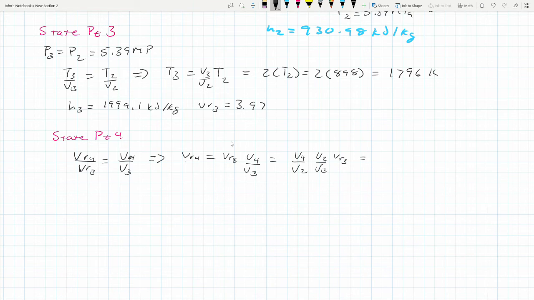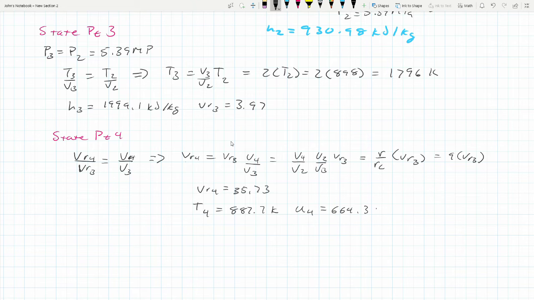This becomes R over RC times VR3, which becomes 9 times VR3. Therefore, VR4 is equal to 35.73. Go to the table, interpolate, you get that T4 is about 887.7 Kelvin. U4 is about 664.3 kilojoules per kilogram.